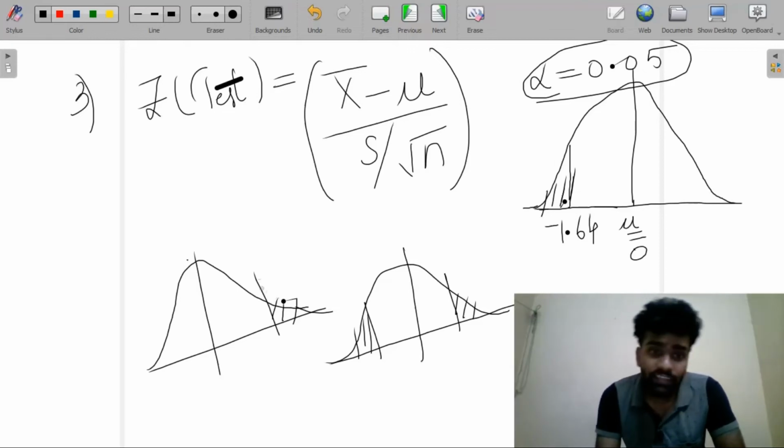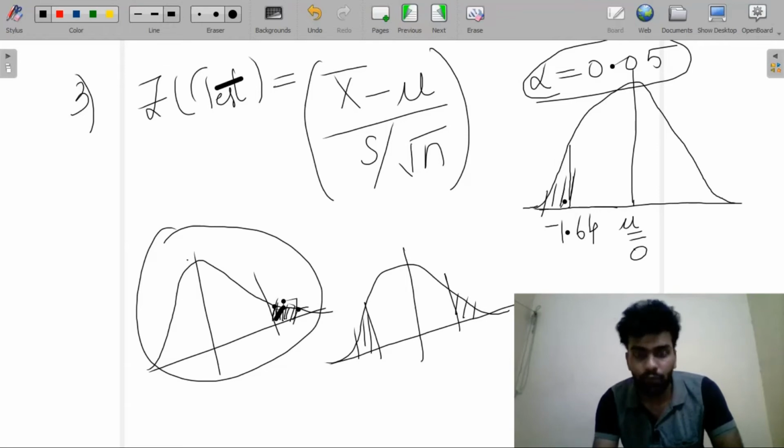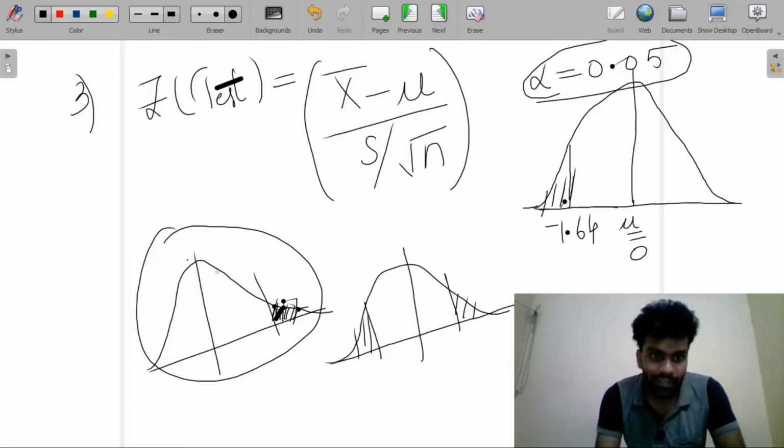Similarly, if you want to find the z value of the right hand side, if you are performing a right tail test, you can check the previous table, the table corresponding to the right hand side, and find the z value.